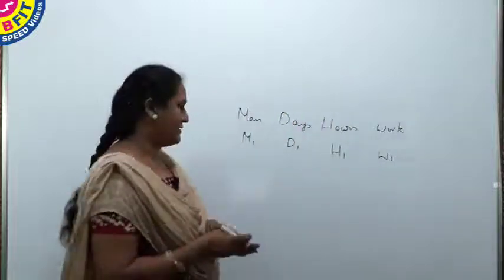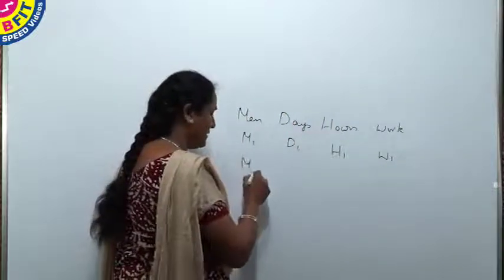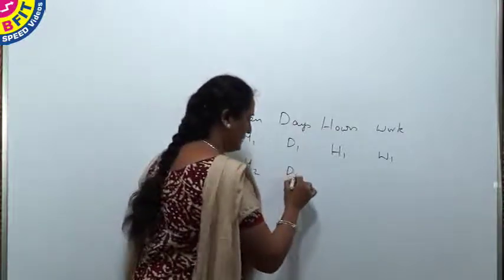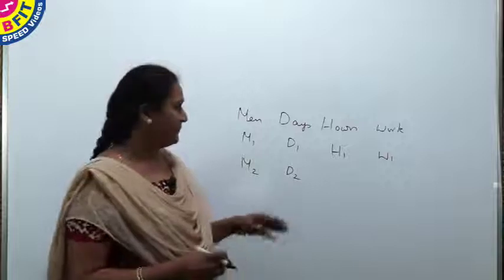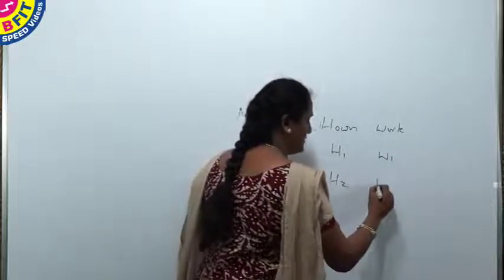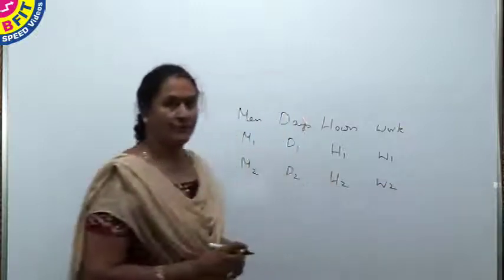And in the other transaction, suppose you have another set of men, that is M2, taking different time, that is D2, for H2 hours working for W2.